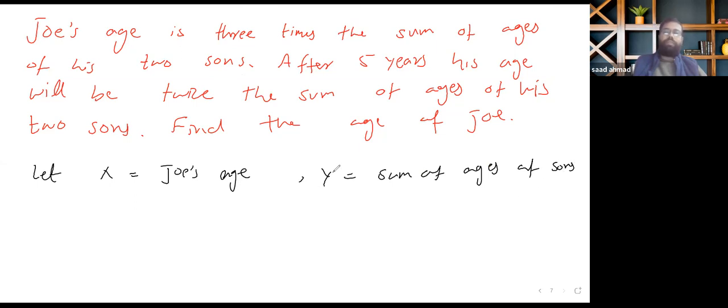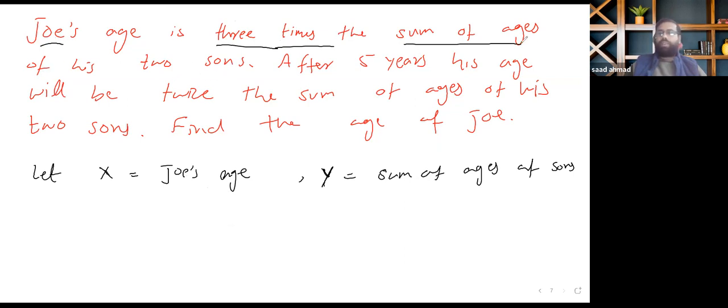First of all, we define our variables x and y. We want to see what the x represents, or whichever variable you want to take, like a, b, any letter. Let's take x as Joe's age, and y represents the sum of the sons' ages. His age is 3 times the sum of the ages of his 2 sons.